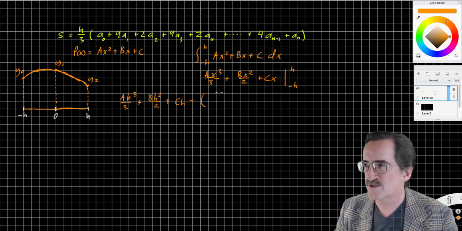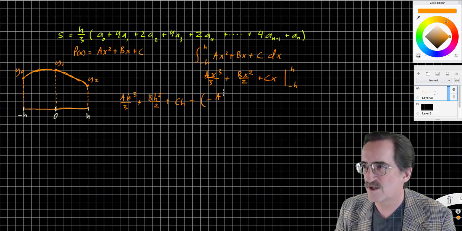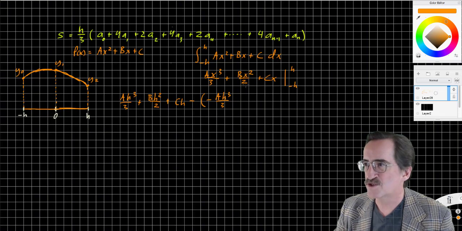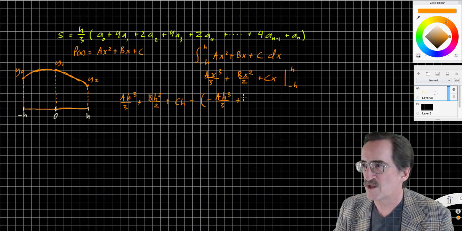The parentheses are kind of necessary. Negative h cubed is going to be negative, so this is negative ah cubed over 3, because when you cube a negative, you get a negative. And bh squared, but negative h squared is positive h squared, so this is going to be plus bh squared over 2.